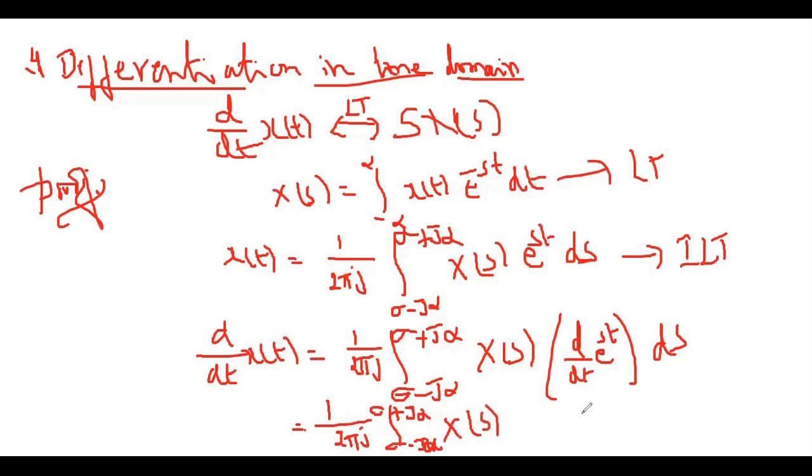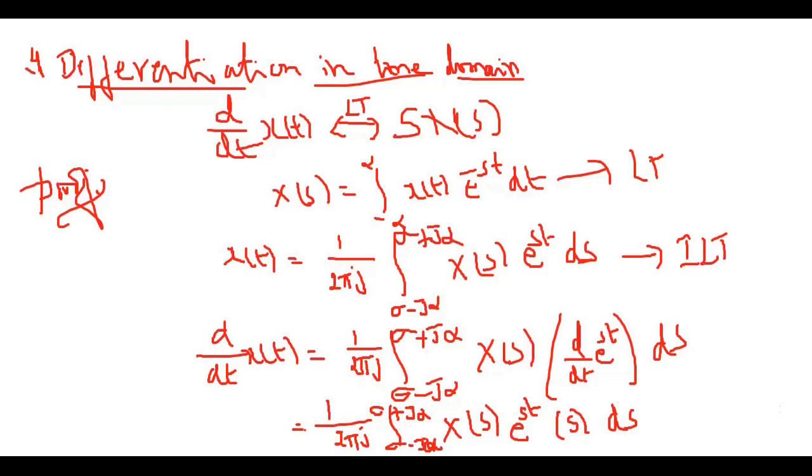What is the derivative of e power s t? It is e power st, and the coefficient of t is s, so s e power st ds. I take the s together with X of s.